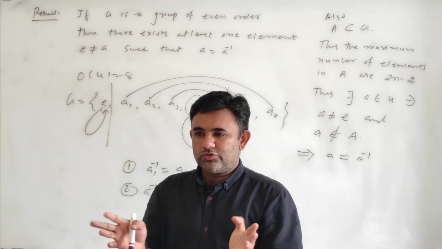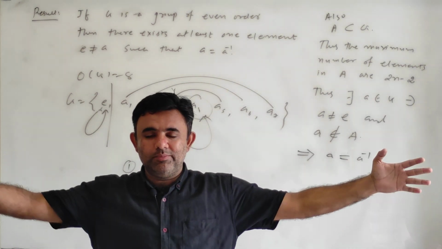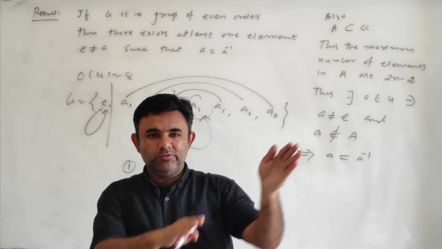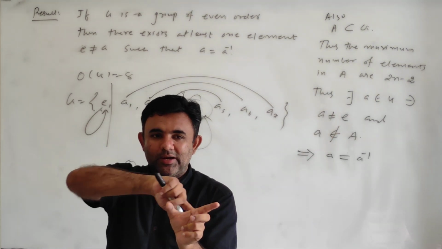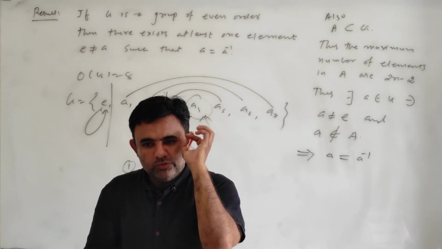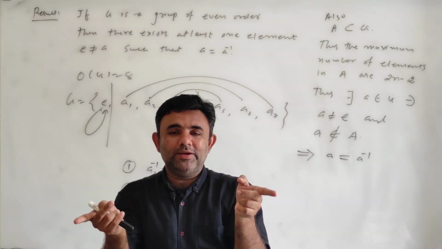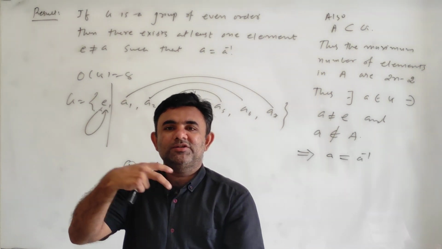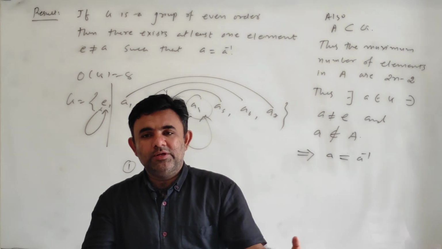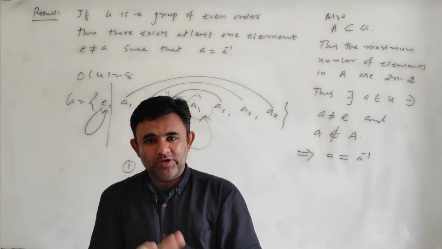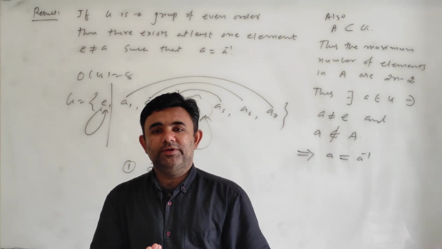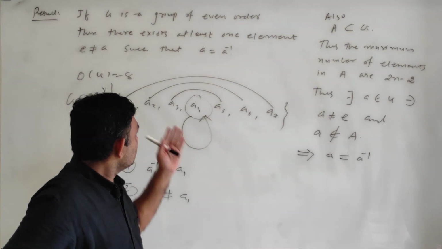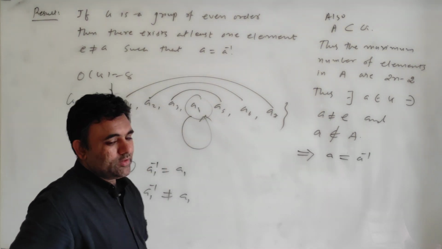So it is a simple logic. If you have 2n elements, then you remove identity, you are left with 2n minus 1 elements and try to make pairs, where a pair is an element and its different inverse. Then you must be left with at least one element whose inverse is itself. So that's what this result wants to say.